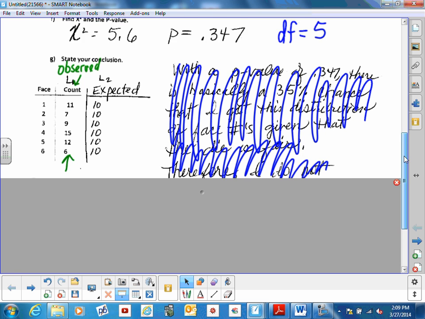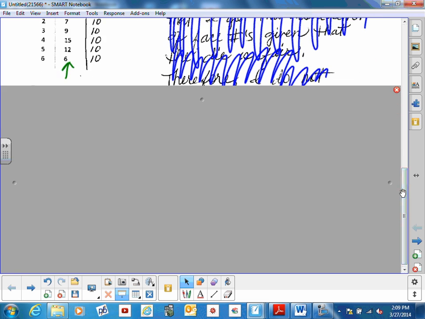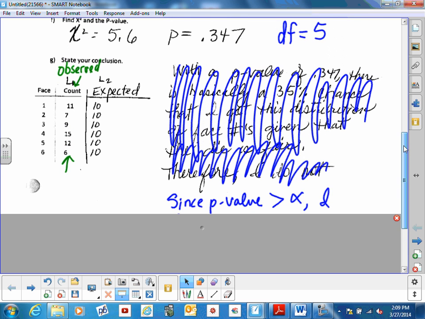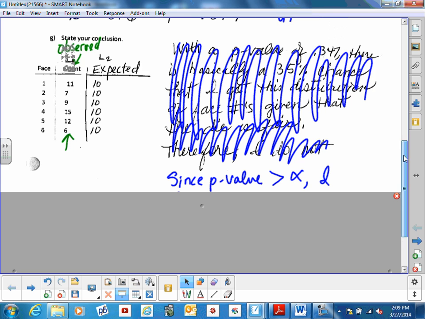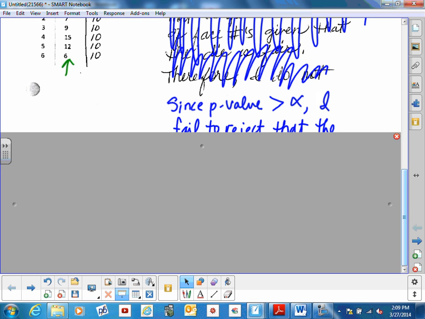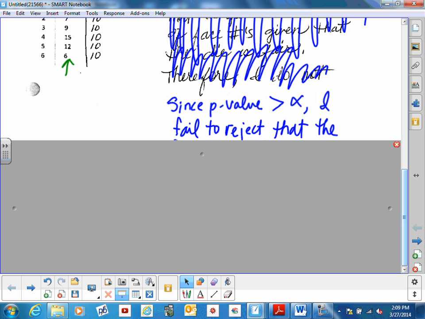All right, now let's make the conclusion, and let's state it the way that we've been stating it this year. And so what we would do is start off with, since our p-value, which is 0.347, is greater than alpha, then what's our decision going to be? Okay, we're going to fail to reject. So I will fail to reject the null hypothesis.